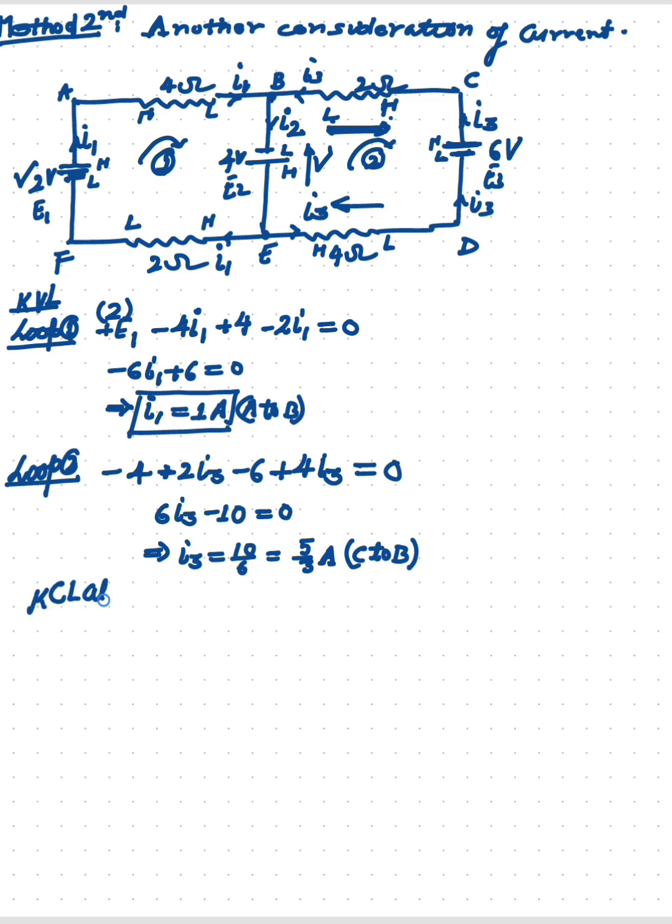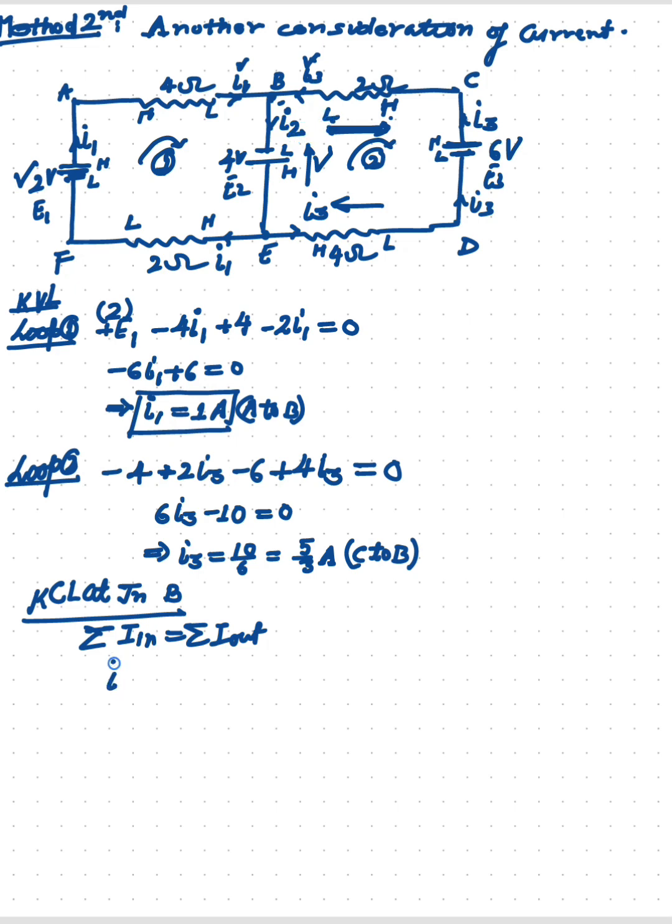Now for I2, apply KCL at junction B. At junction B, summation of I in equals summation of I out. At junction B, I1 and I3 are the incoming currents, and the outgoing current is I2.